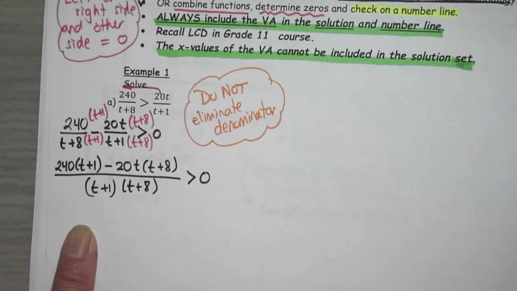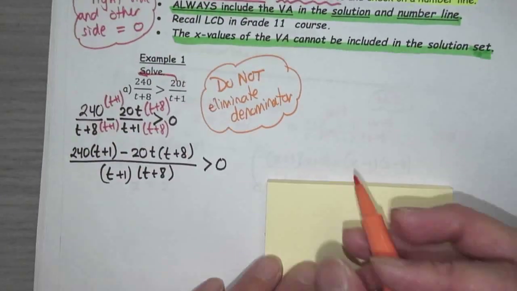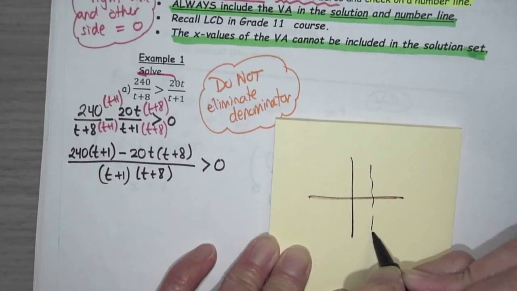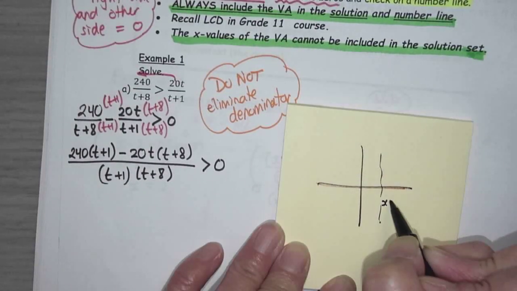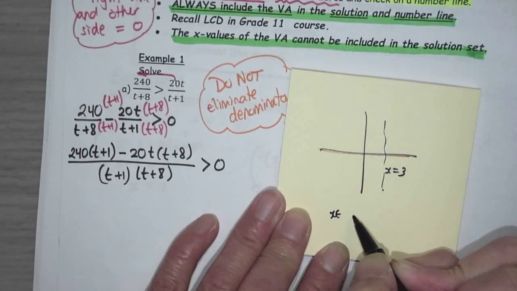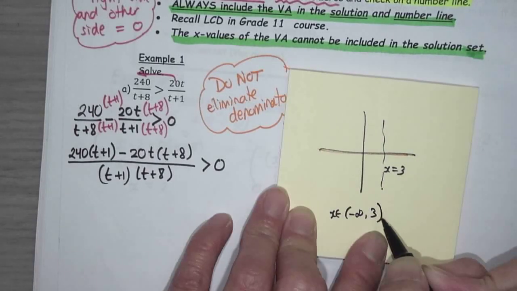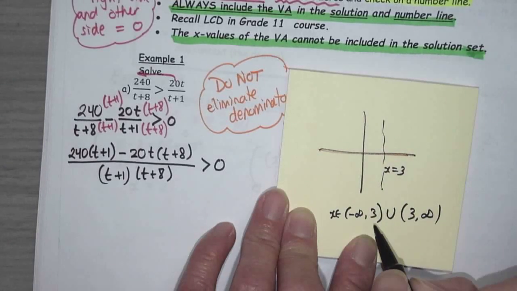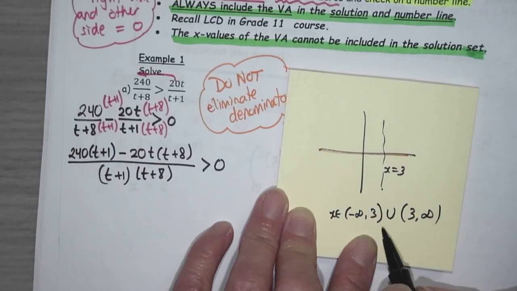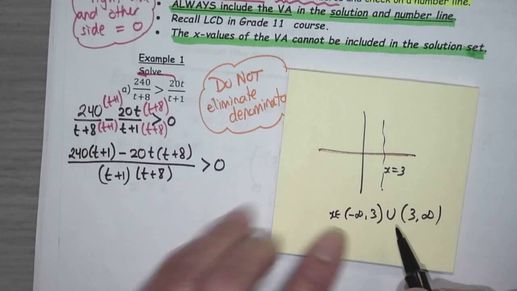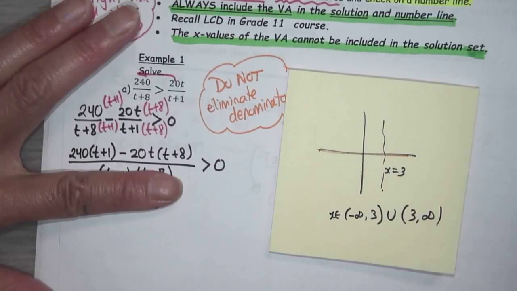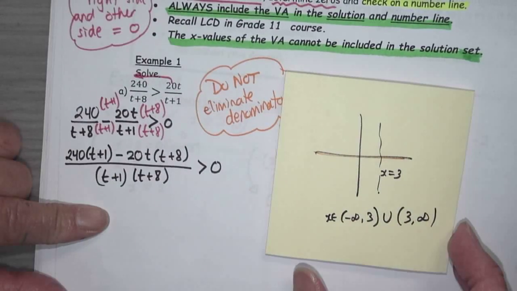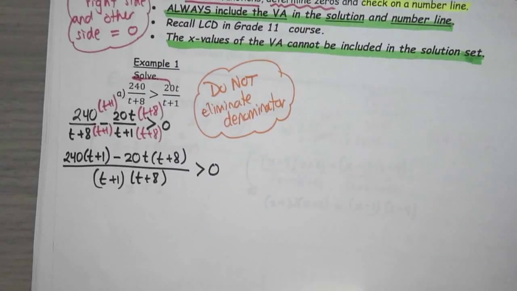Plus, now on your solution set, remember when we did domain and stuff, and I said, okay, there's an asymptote here, say this is x equals 3. You would say my domain goes from negative infinity to 3, not including 3, and then jump here. That's what I'm saying here. It cannot be included in your answer. It has to jump over the asymptote. If you dump it over here, where's the negative 1? You're going to go right through your asymptote. So it has to be included in your solution set.